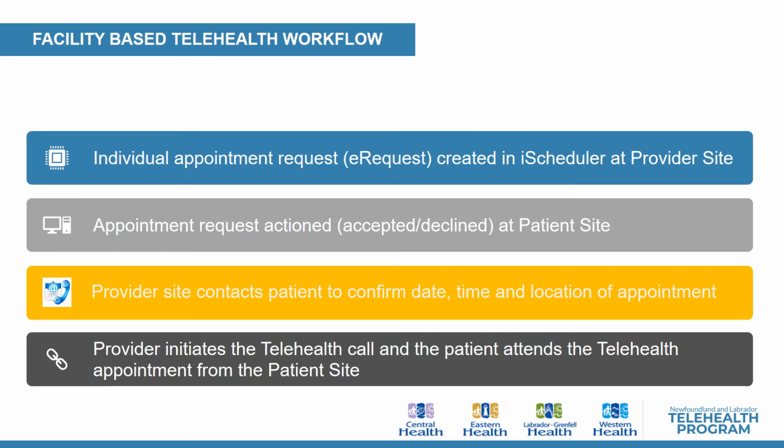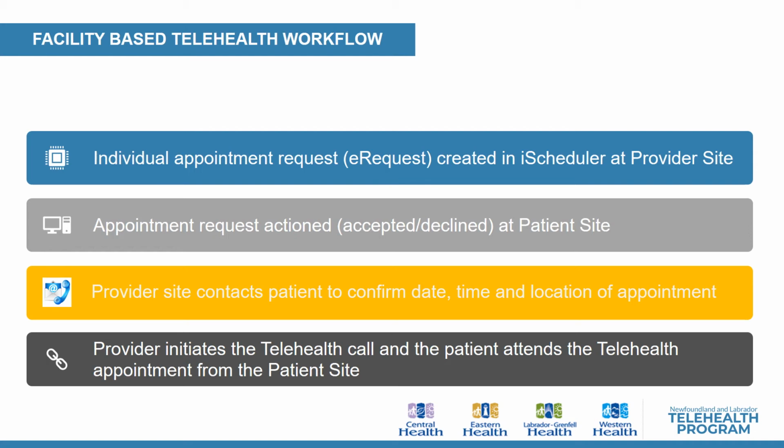Once your e-request has been entered into iScheduler, the appointment has to be actioned, accepted, or declined by the patient site. iScheduler users at the provider site will receive an email notification when any action is taken on the requested appointment, such as accepting, declining, or modifying the request.